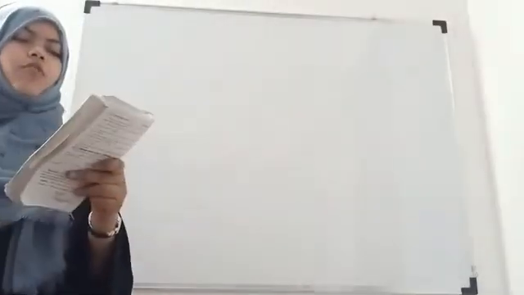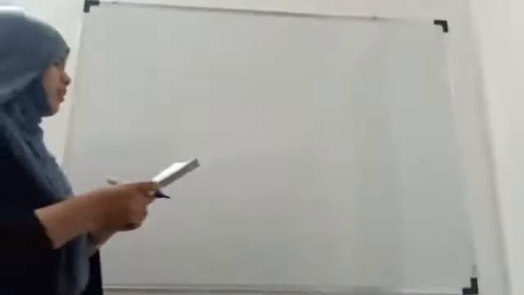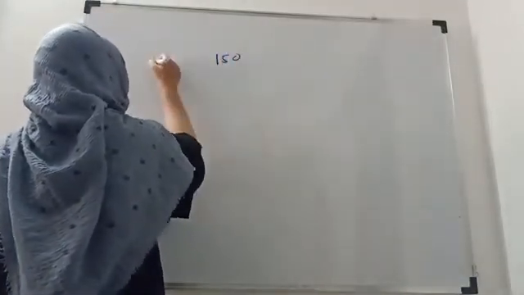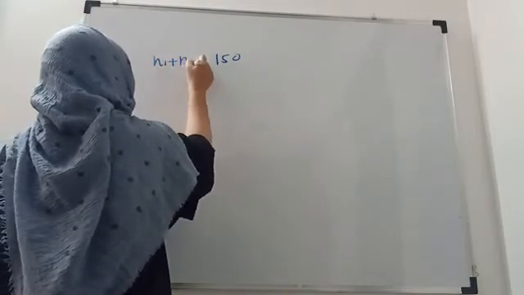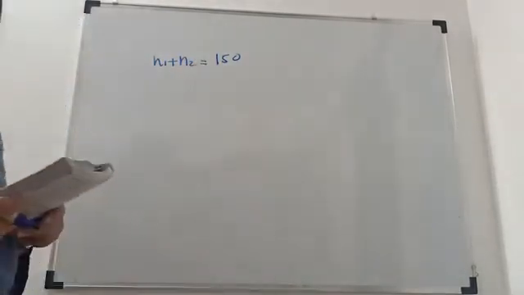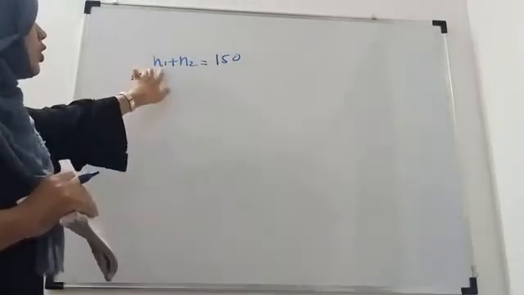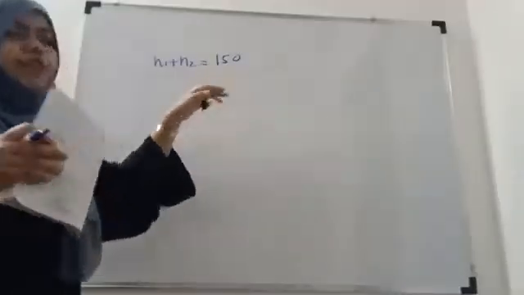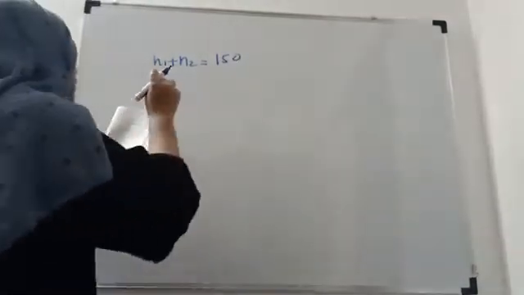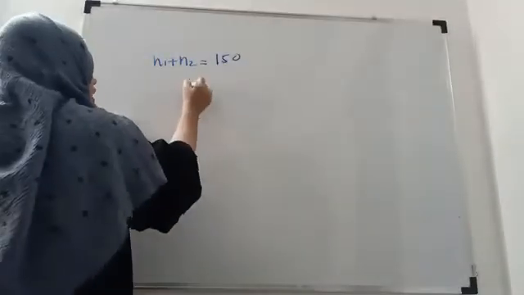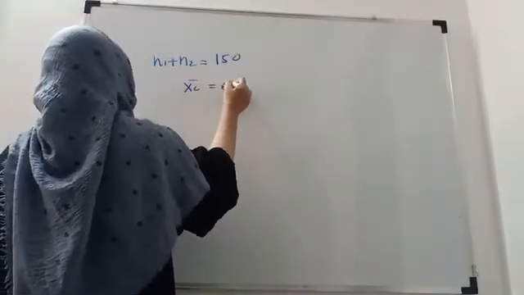The mean weight of the boys is 70 kg. So the mean weight of 150 students means the total number of students, n1 plus n2, is 150, out of which girls and boys will be there. The mean for the total number of students is a combined mean, so the combined mean is given as 60 kg.